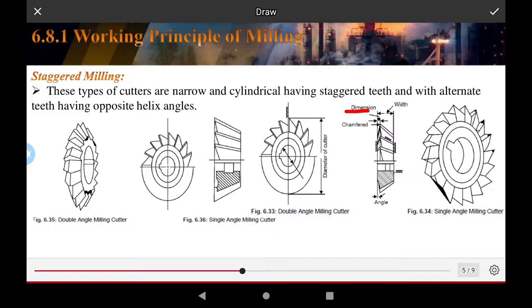This is provided on the tool for chamfer cutting, and the second is the single angle milling cutter, made with a single angle cutting tool and a small tip mounted on the tool.